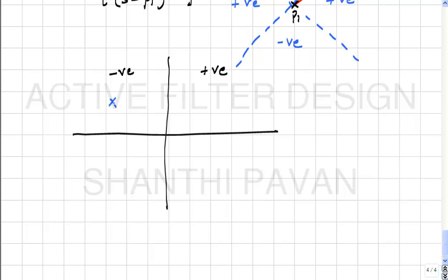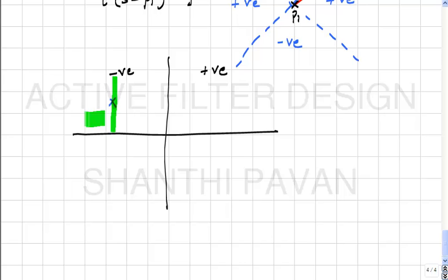Because we know that if you go around in the vicinity of a pole, the real part of 1 by S minus P1, which is basically Z of S evaluated in the neighborhood of P1, is positive in this region and negative here.